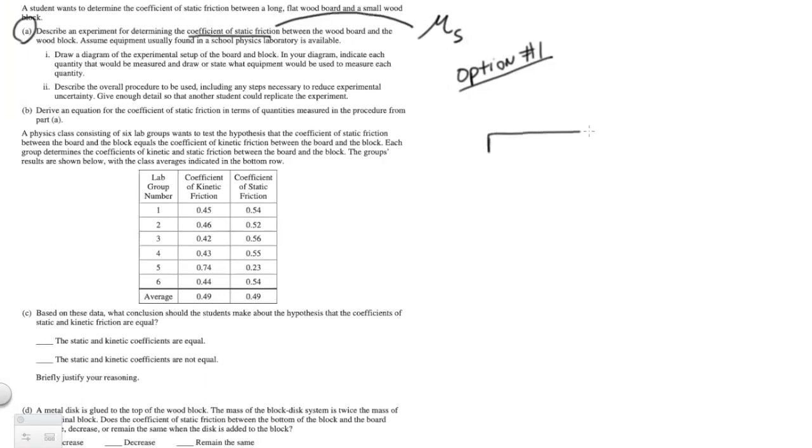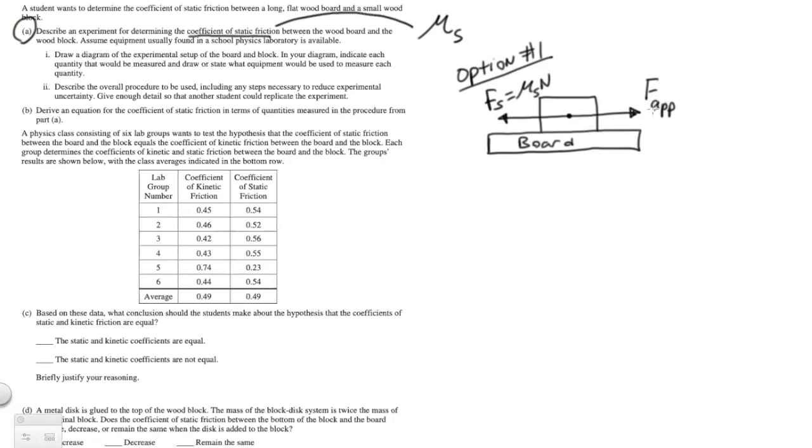Your diagram would look like this. Here's your wood board, and then you have your block. The block is sitting on top of the wood board, and then you apply a force, which we'll call force applied, and it's going to be opposed by a static friction, which is equal to mu static times normal force.